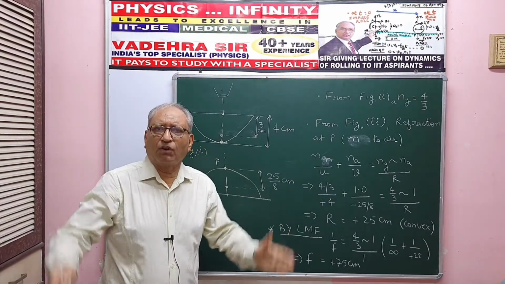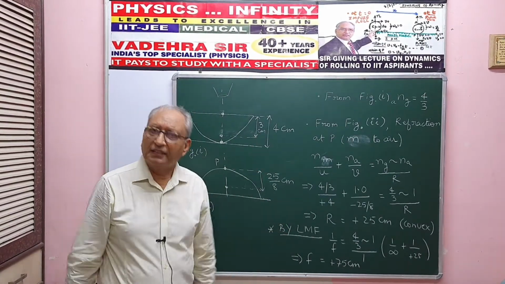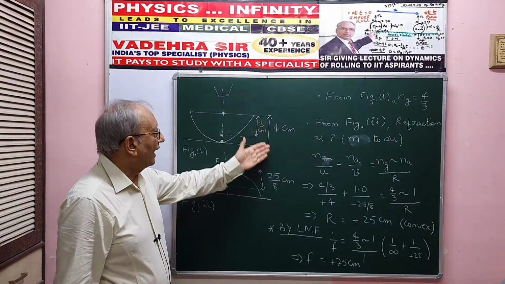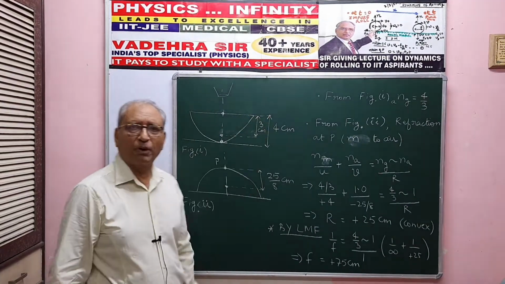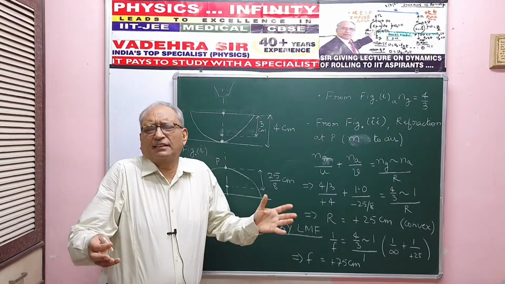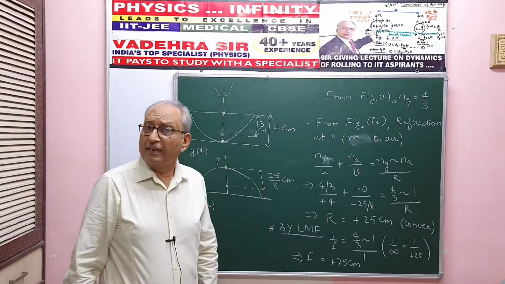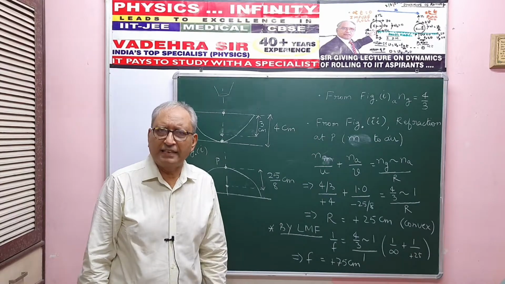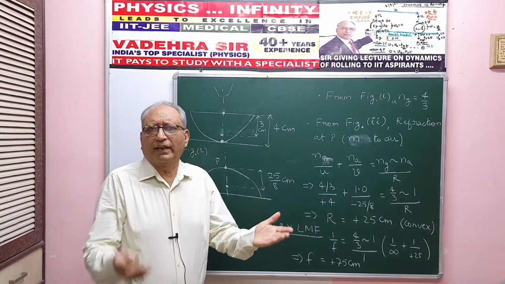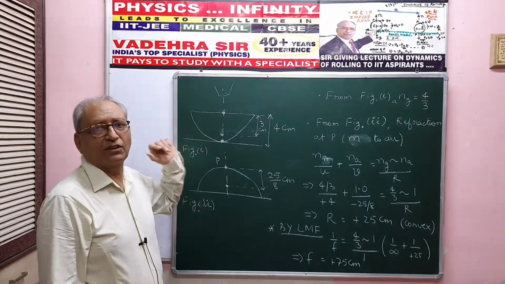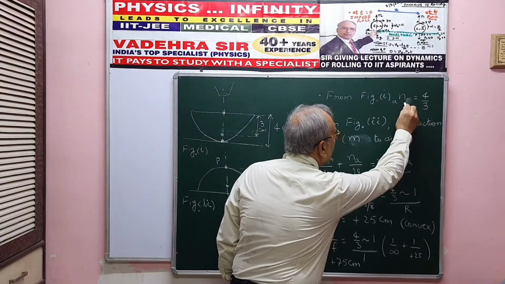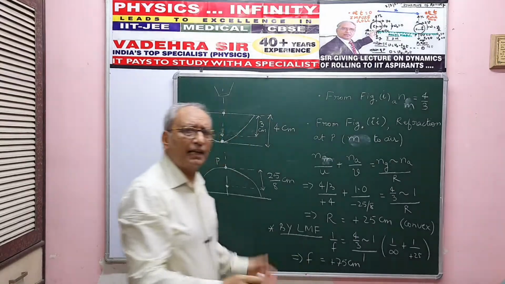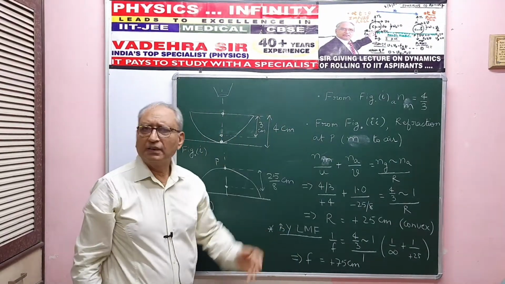You can call that the apparent depth, which you have learned in your junior class, and the actual depth from top surface to the bottom is 4 centimeter. So I can take 4 centimeter as real depth and 3 centimeter as apparent depth, and that will give me straight away the refractive index for the material of the lens, m with respect to A, as 4/3, the real depth upon apparent depth.